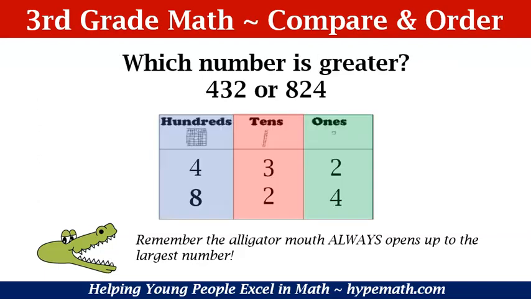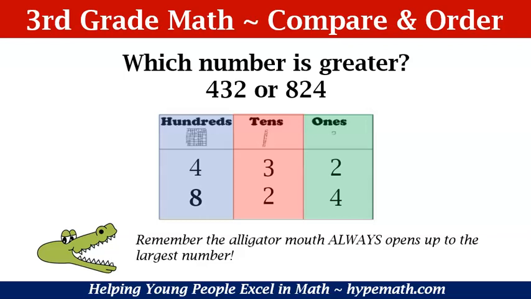Which number is greater, 432 or 824? Based on our steps in comparing numbers, we know that we need to line the numbers up. That's step 1. Step 2, we need to look at the place value. So we are going to start with the hundreds place. We look and see if the numbers are the same. They're not.